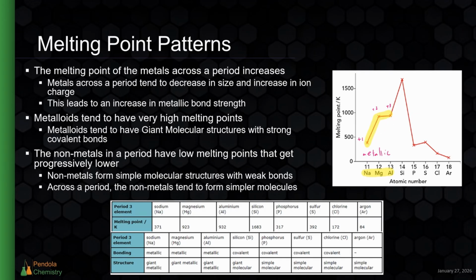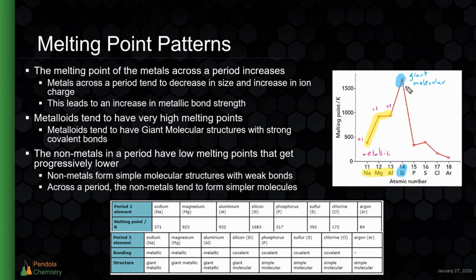Once we get to something like silicon, however, we're no longer dealing with a metal. Instead, silicon is a giant molecular structure, just like diamond. Because silicon is giant molecular, you can see how its melting point is the highest out of anything in its period.